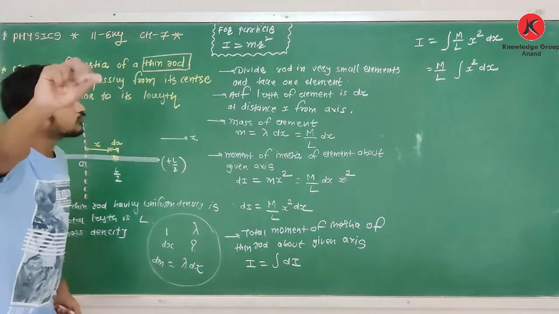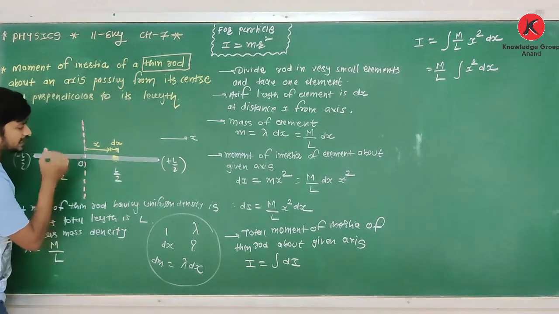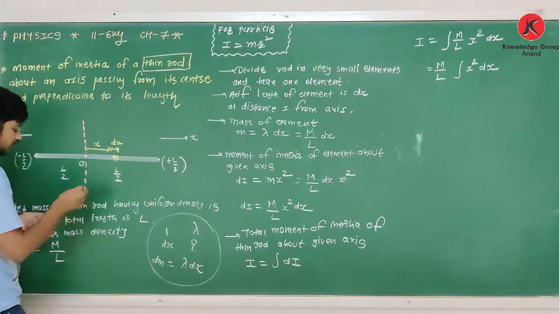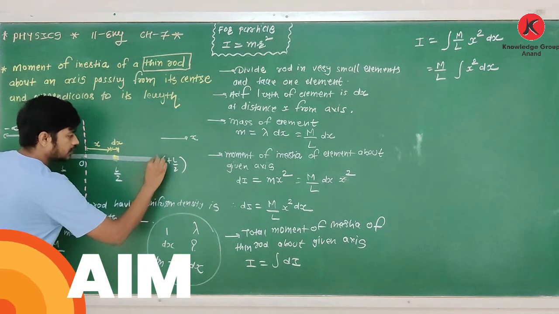So see, x means the distance of this element from the axis. All the elements are between these two ends.